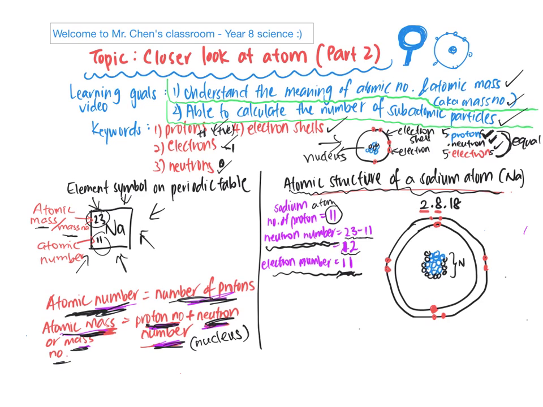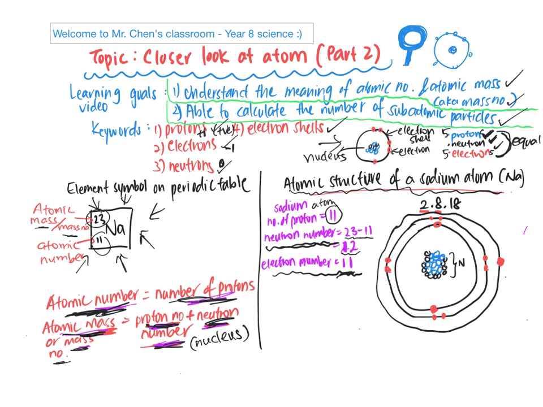So what that means is the only electron left has to go to the third shell, sorry about my drawing. The last electron has to go on the outside, unfortunately. So there you go, that will be our atomic structure of sodium atoms.